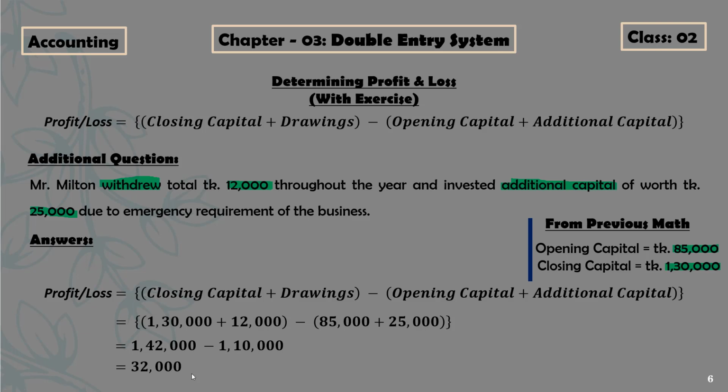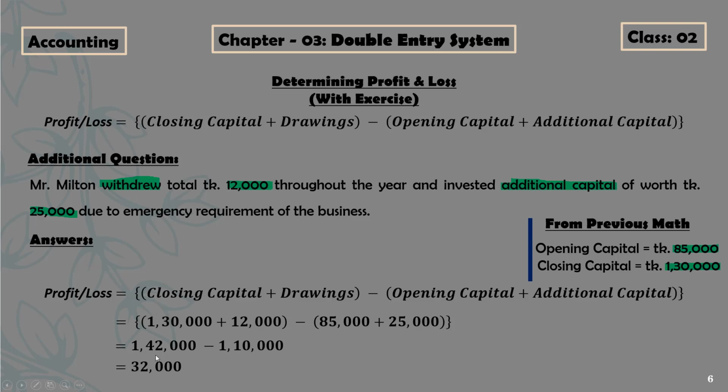How do you know that this is profit? Because when the final result is positive, we consider it as profit. The result is positive 32,000, which means the beginning part of the formula is larger than the other part. If the balance were minus 32,000, we would consider it as loss.